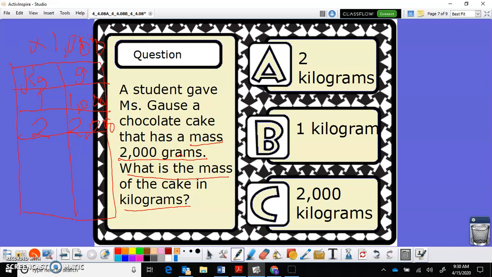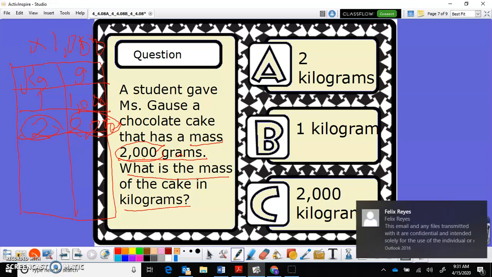So when we turn it around like that, what we have to do is complete the chart until we find that 2,000 grams. We knew we were looking for 2,000 grams. So I can look over to the side where I have my 2,000 grams, and I can see over here on my chart that that's equal to 2 kilograms. So if I look over here on my ABC, the answer would be A.